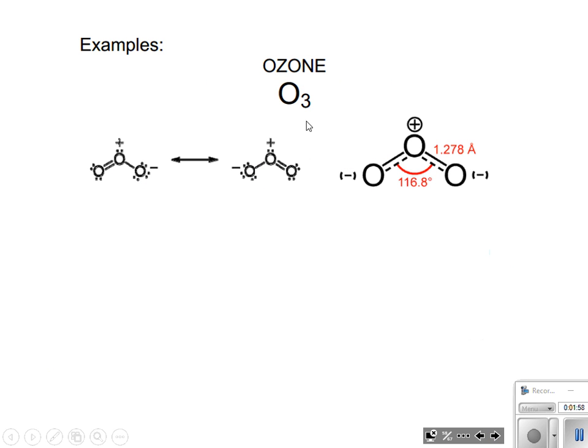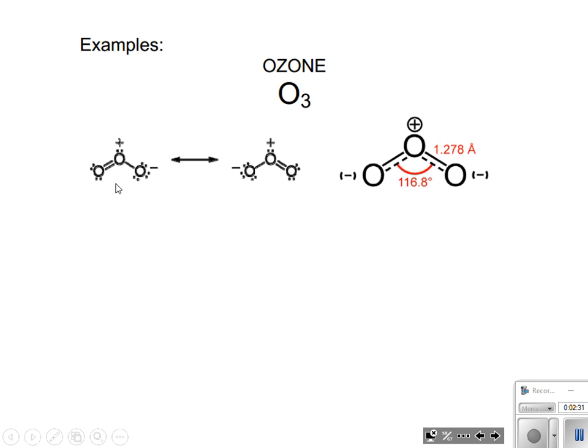Ozone is O3. Now, when you see a double arrow like this in between two different structures, that indicates resonance. Okay? What's the difference between this structure and this structure? Can you see the difference? What is the difference between this one and that one? The location of what?